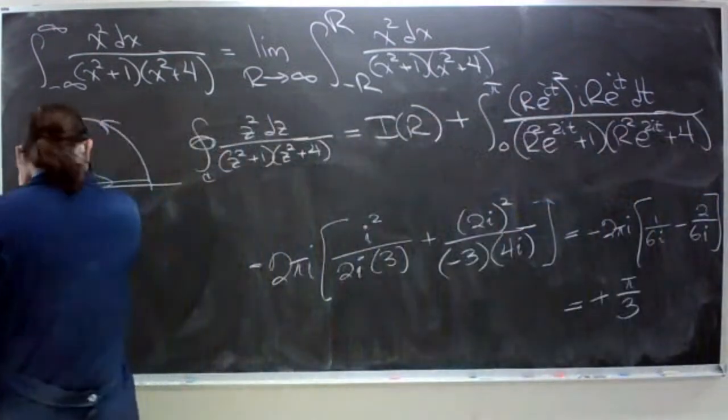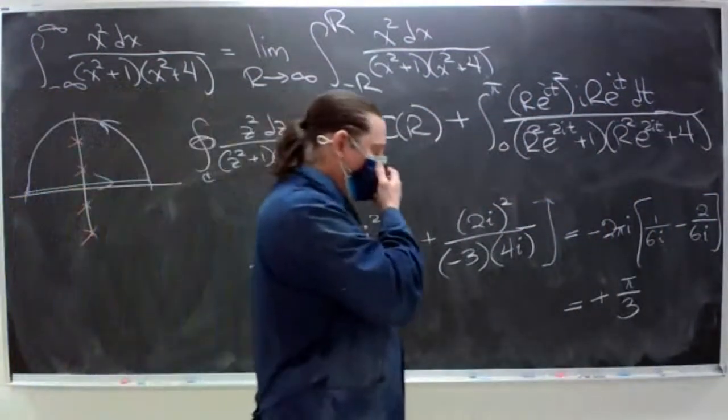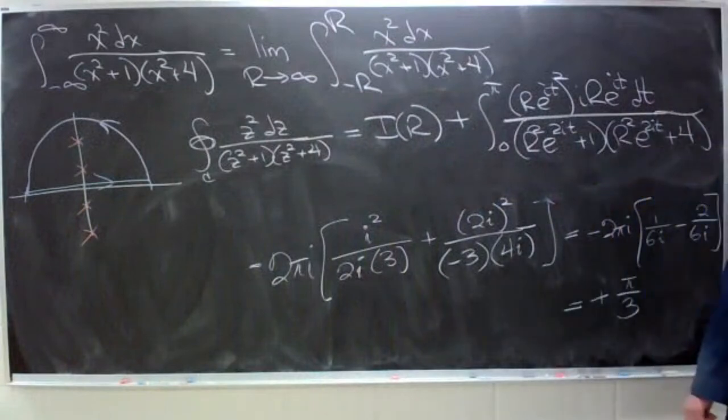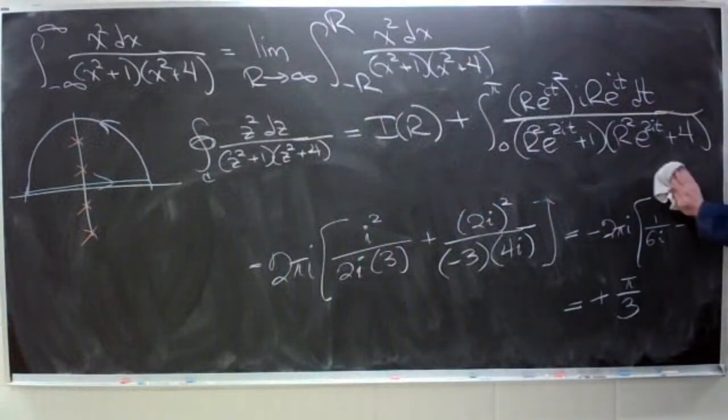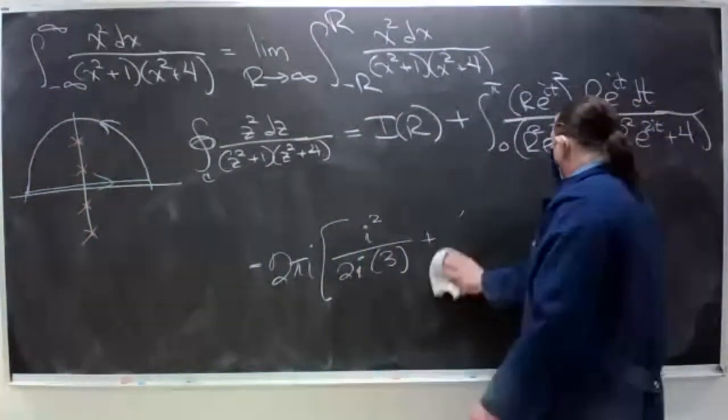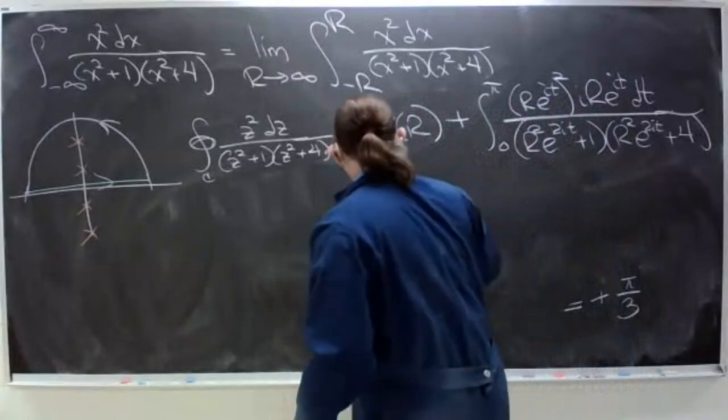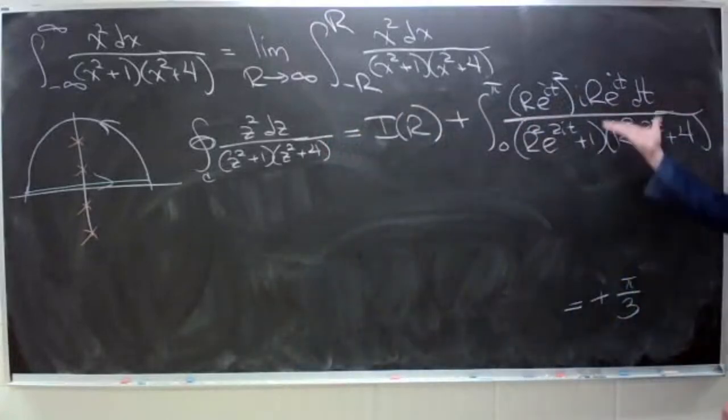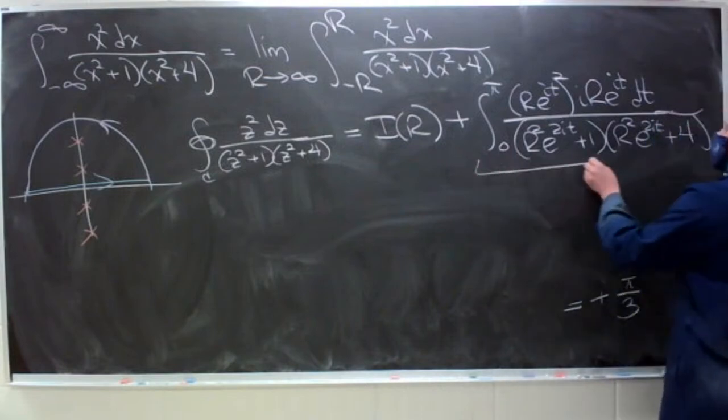All right? Now, we were interested in the limit as R tends to infinity of I of R. So we can look here and do integral bounds.